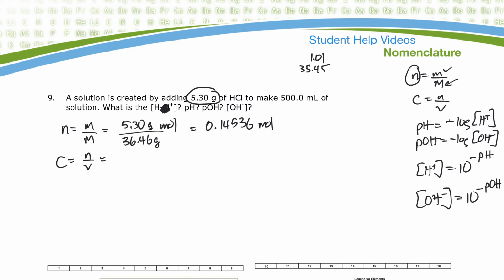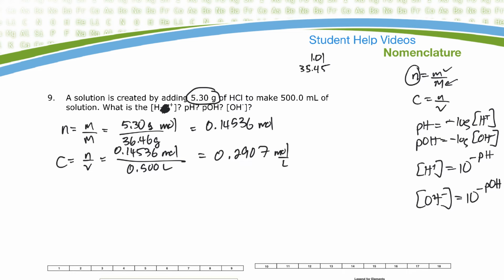Now let's get that as a concentration. Moles over volume, 0.14536 moles divided by 500 milliliters. So change that to liters. So the number that I had before, I'm going to divide that by 0.5. So this would be 0.2907, etc. moles per liter.